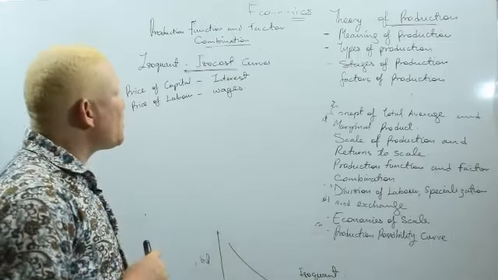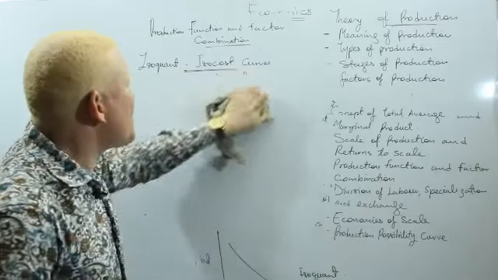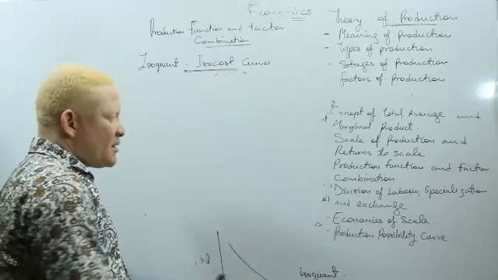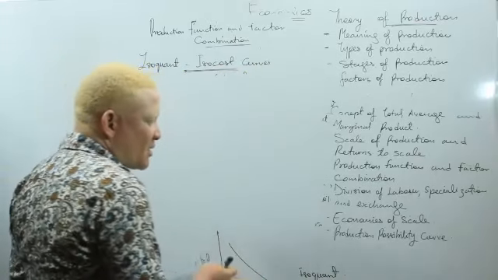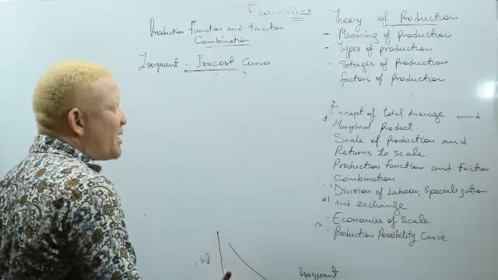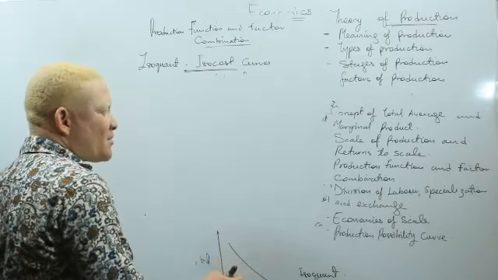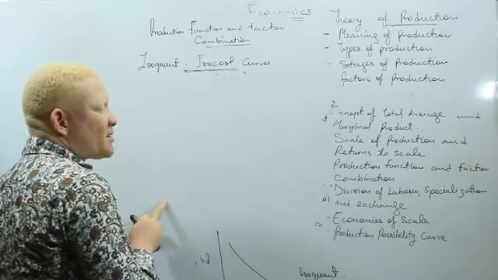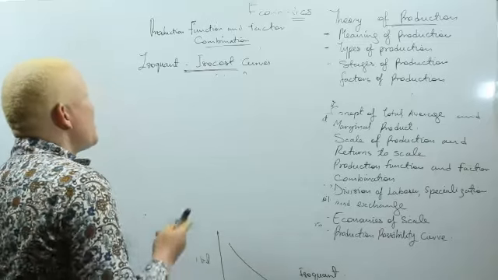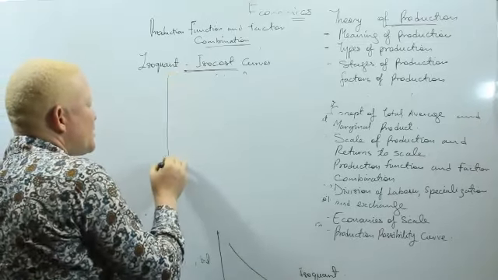Now, the Isocost is also negatively sloped, just like the Isoquant, but unlike the Isoquant, it touches the x and y axis. Now, the Isocost will look like this.